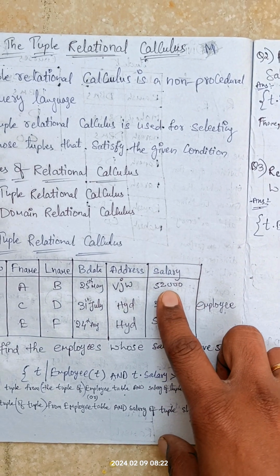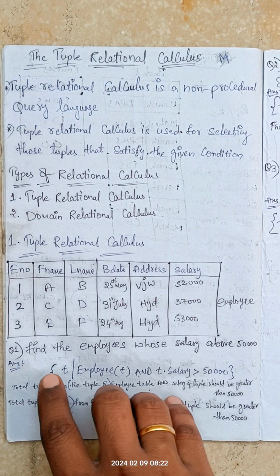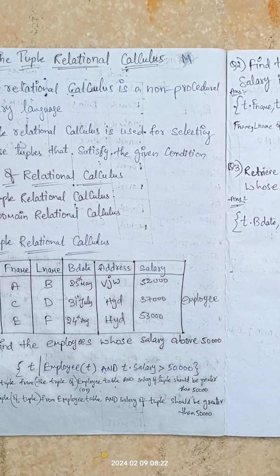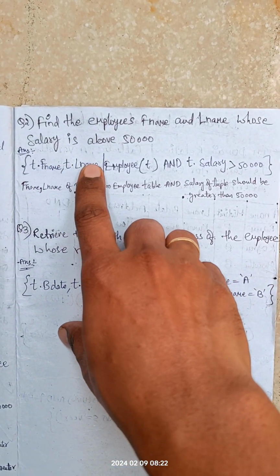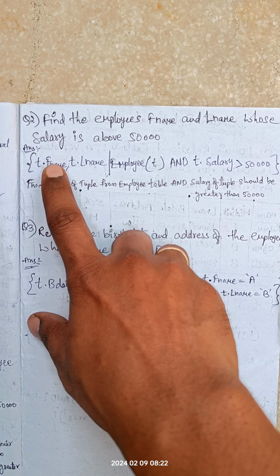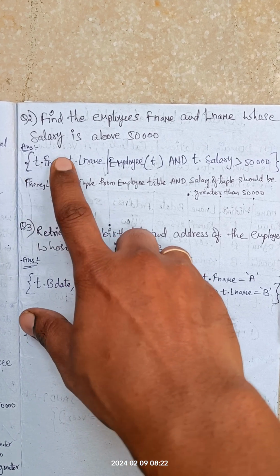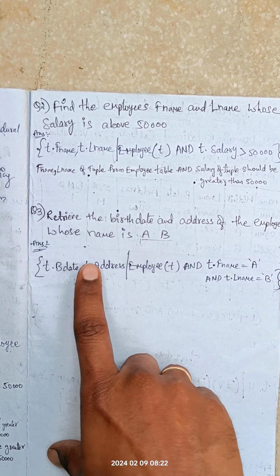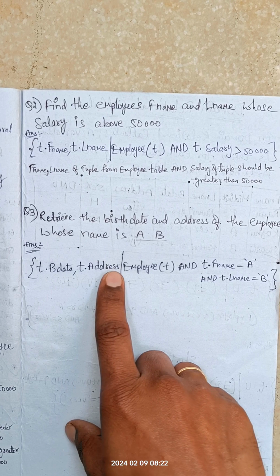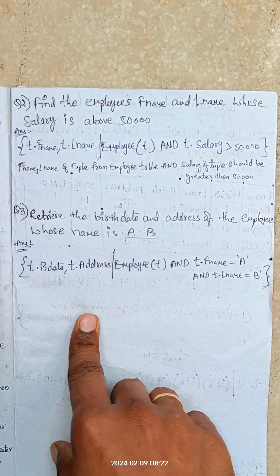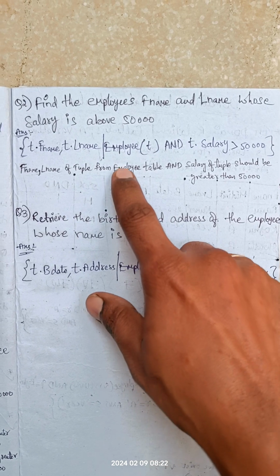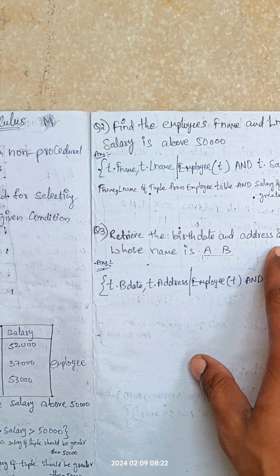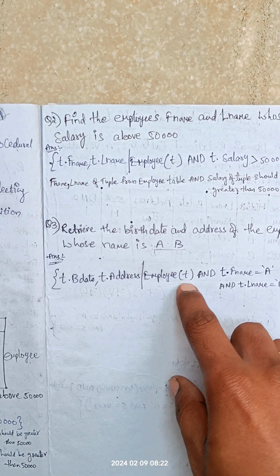Here I want the total tuple, so I have written only T. Here I want first name and last name, so I have written T dot f name, T dot l name. Here I want birth date and address, so I have written T dot B date, T dot address. If I want salary, I have to write T dot salary, and this is common in every question.